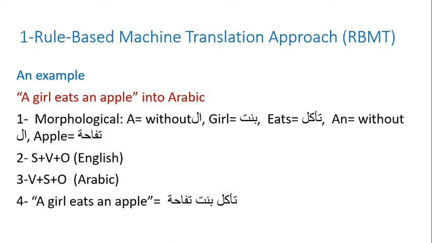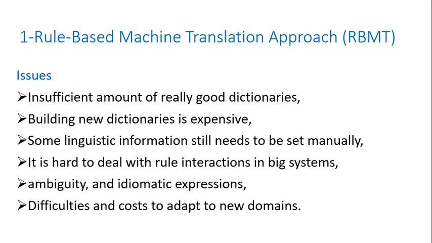And we see that bint is without "al" and tufaha is also without "al" because of "a girl" and "an apple". In this way the rules are applied to get this translation on the basis of this approach, which is the rule-based machine translation approach.